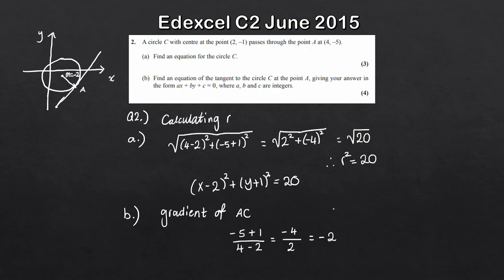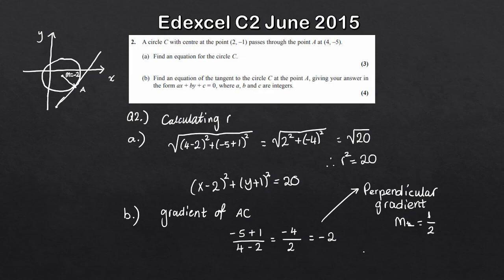So the perpendicular gradient then would just be minus 1 divided by this gradient here, minus 2. Or the other way you can do it is times that by minus 1 and then take the reciprocal. So the perpendicular gradient in this case, m, so that's to represent the perpendicular gradient, would be a half, so 1 over 2.